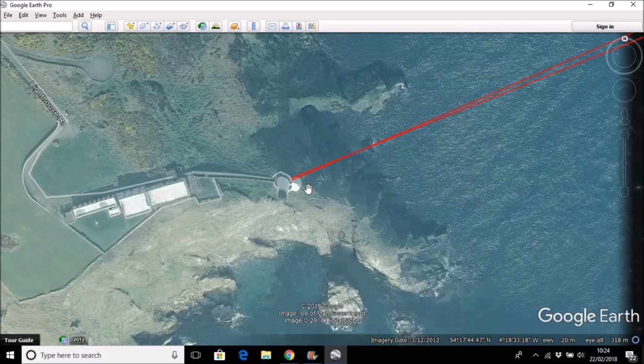I hope you can see that from the cliff top at St Bees, you ought to be able to see rather more of this base structure protruding to the left. The further to the north that you view this from, the more to the left of the main tower this base structure will appear, until from almost due north you would actually be able to see the small gap between them.